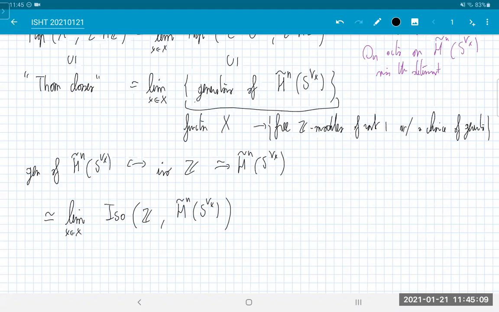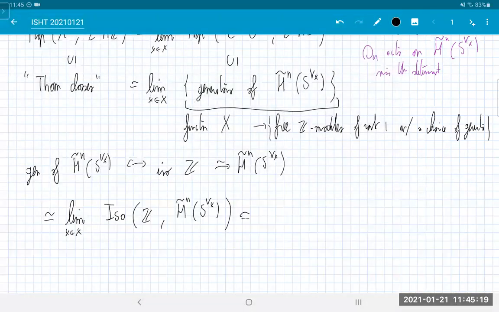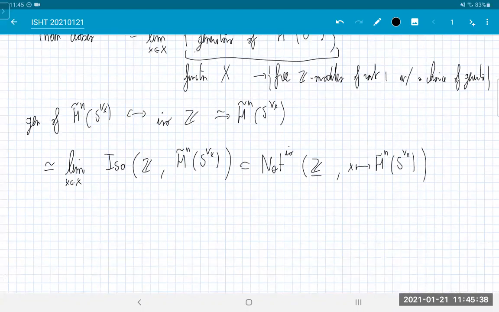Like this, and that's just the same thing as the space of natural isomorphisms between the constant functor Z and the functor X goes here. Okay, yeah, this works. Perfect.